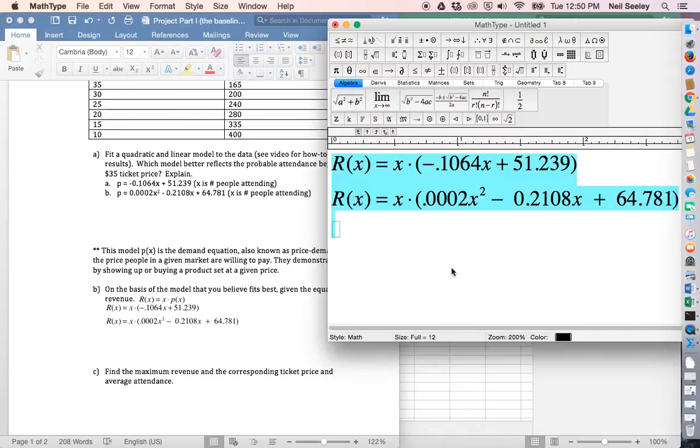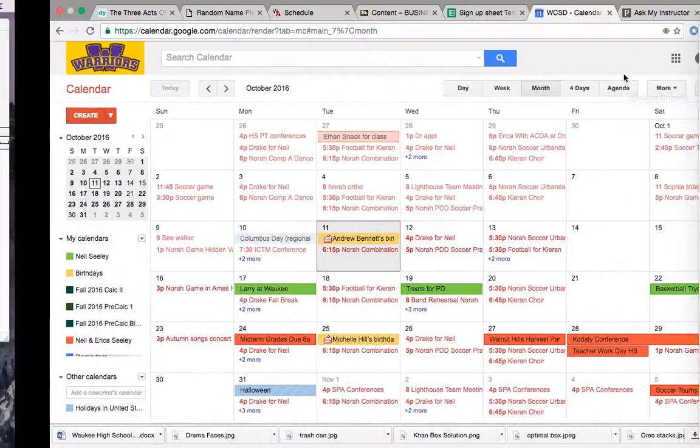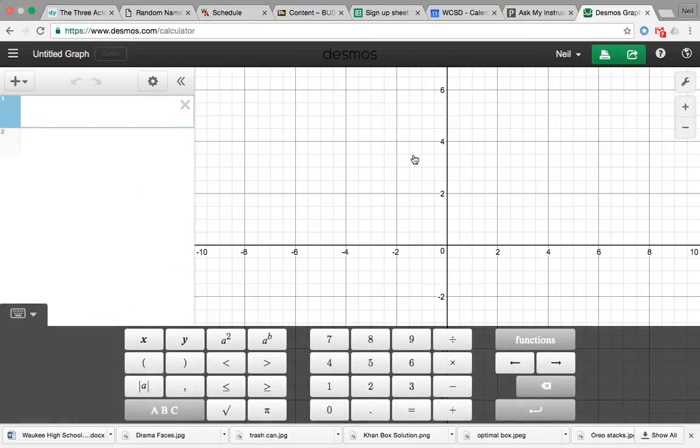We're going to use Desmos to kind of relieve us from doing too much heavy thinking. I'm going to choose the quadratic one here just because it's kind of fun and it's sitting right in front of me. So I'm going to copy that. I'm going to use Desmos to do the graphing. So we're going to go to desmos.com. Here we go. Start graphing as we often do. I'm going to try and paste it. It's kind of an experiment. Will it work? Let's see.